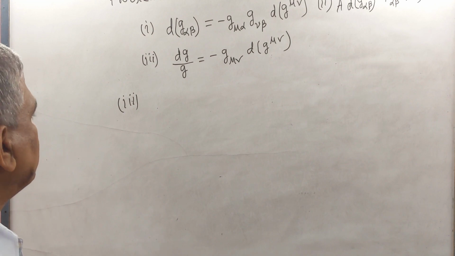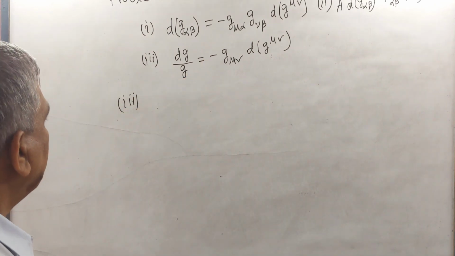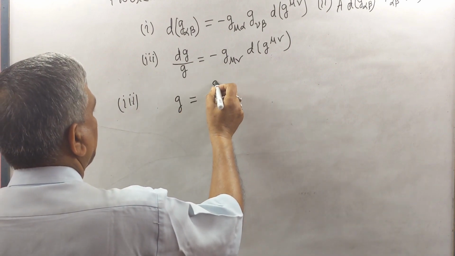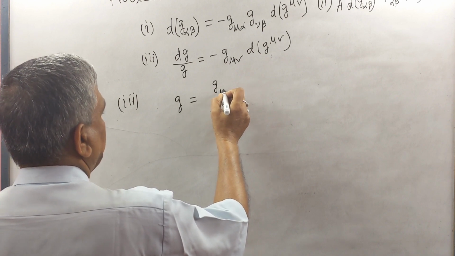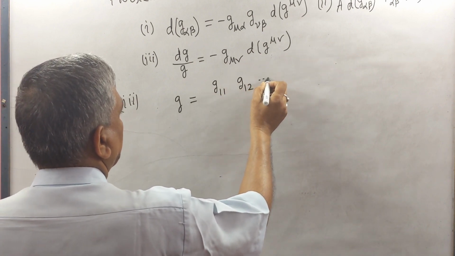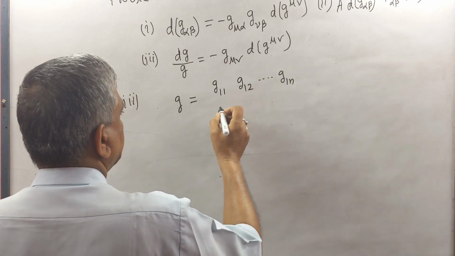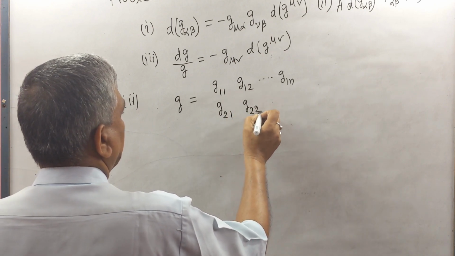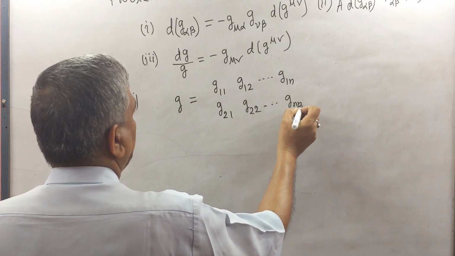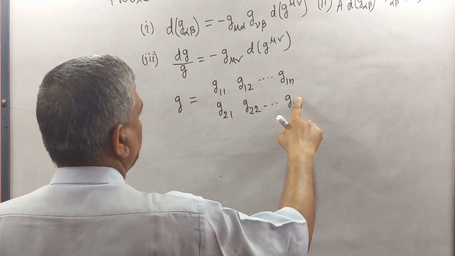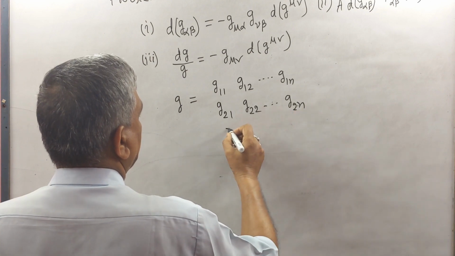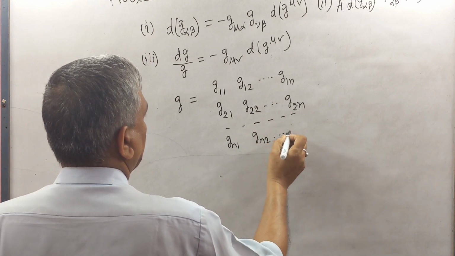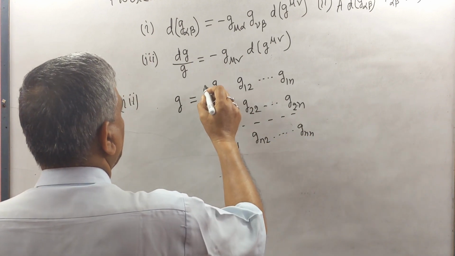Now we shall solve number 3. Let G be the determinant of the matrix G11, G12, G1n, G21, G22, G2n, dot dot dot, Gn1, Gn2, Gnn.